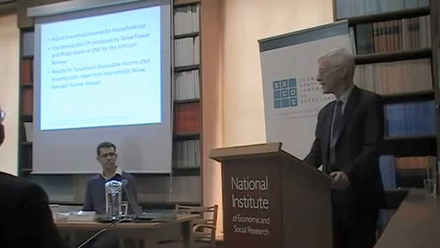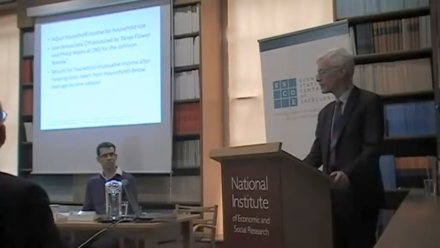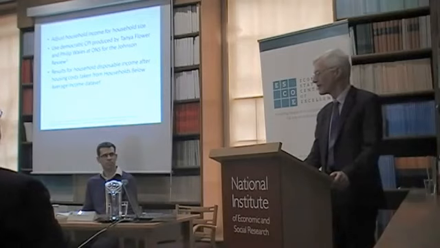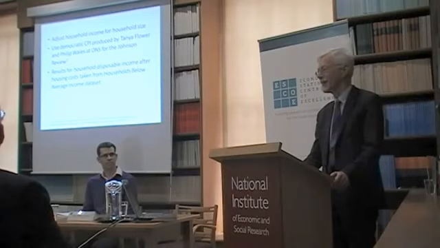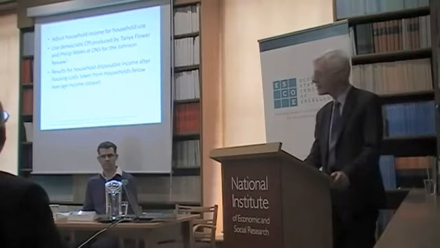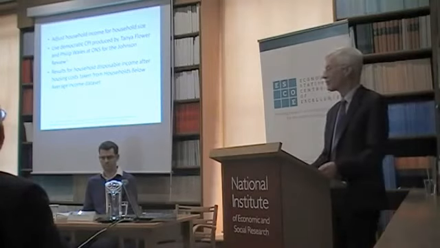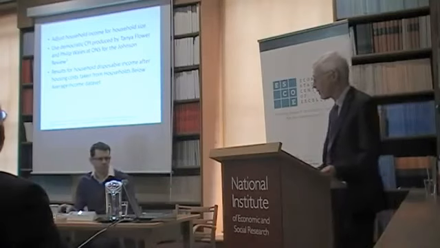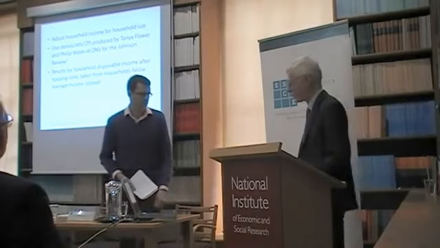We have got here results for household disposable income after housing costs, and those are taken from the Households Below Average Income data set. A slightly odd data set, a slightly odd name, because it actually covers high income people better than most other sources. So Andrew's now going to present our results and show what their implications are.